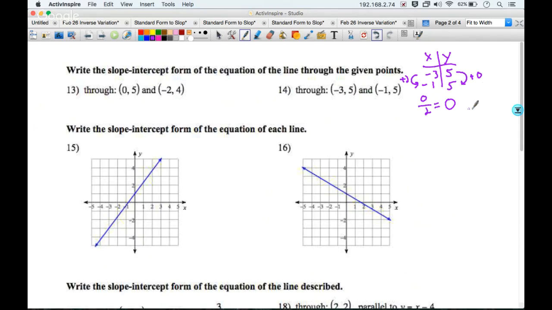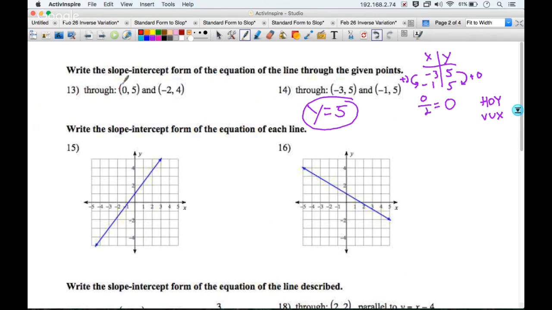Okay, so what lines based on HOY-VUX have 0 slope? Well, it's horizontal lines with a y equals equation. So this one's just going to be y equals 5. Final answer.